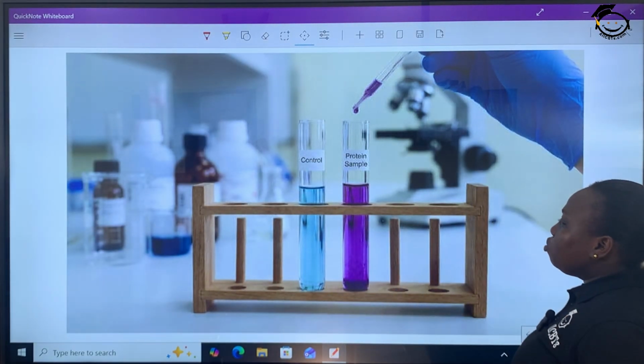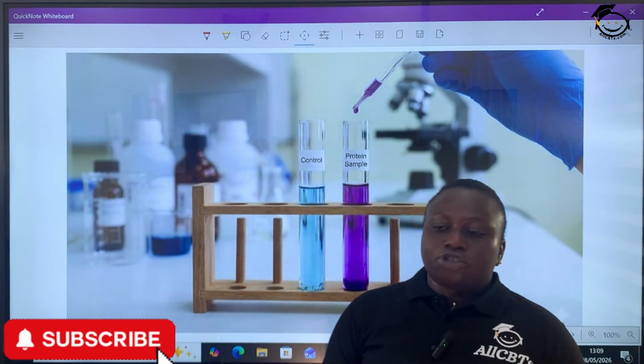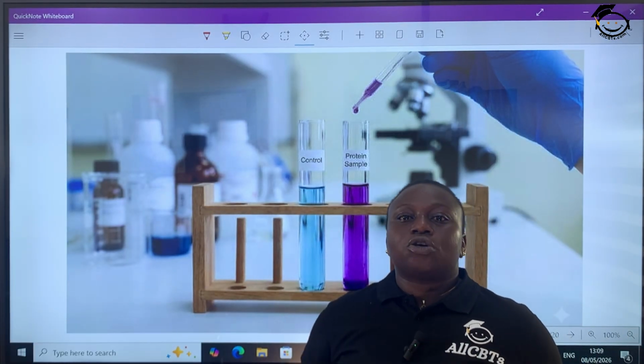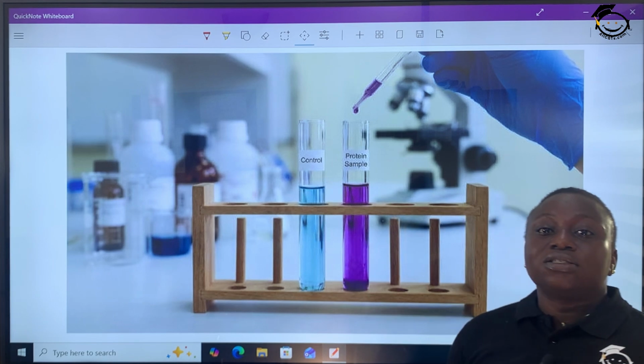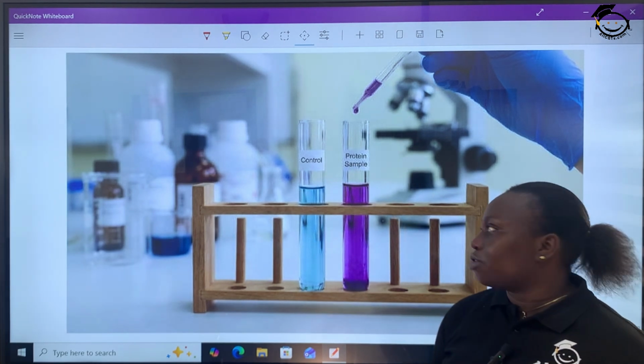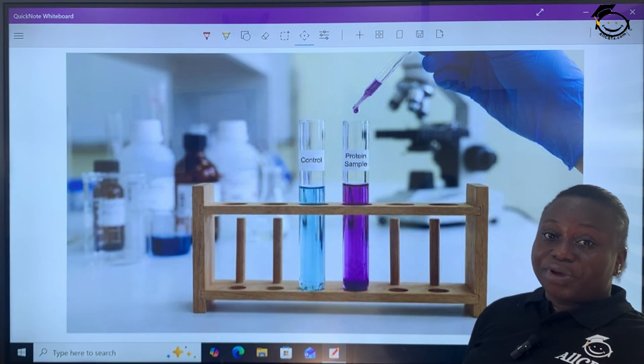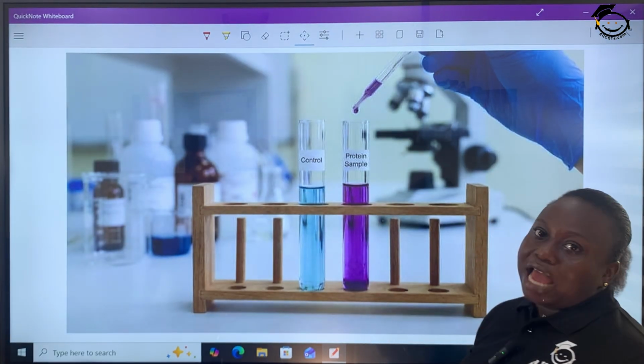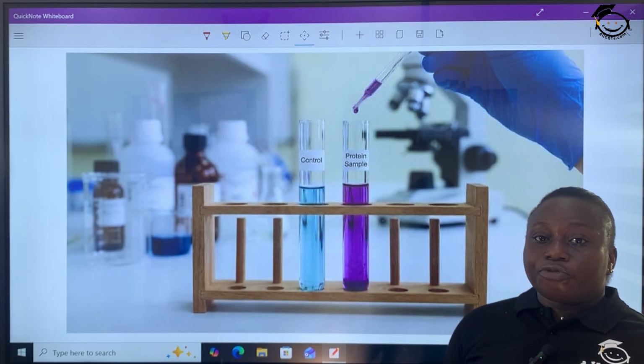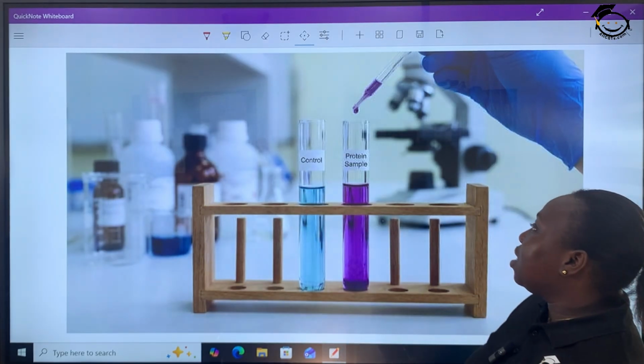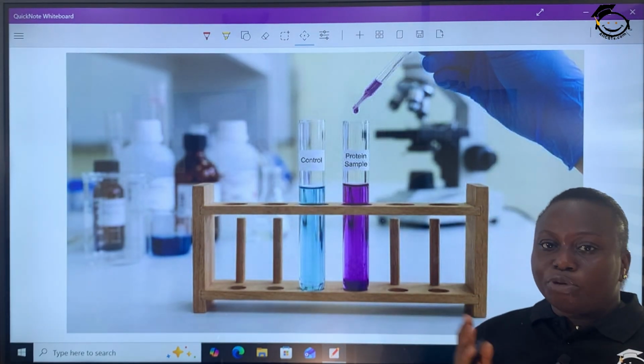But with this Biuret test, you don't need to heat anything. Just put it there and you'll see your results immediately. You don't need heat energy to initiate the reaction. That's a major difference between your Benedict test and the Biuret test. And also your Benedict test is for reducing sugars, while this test is for protein.